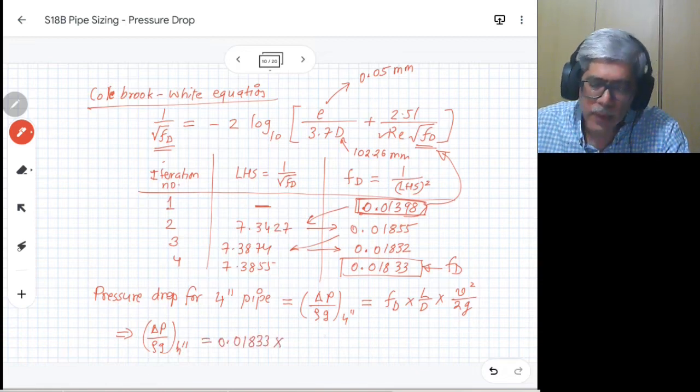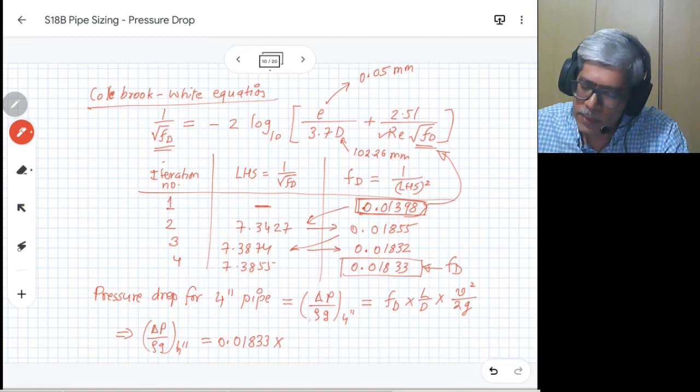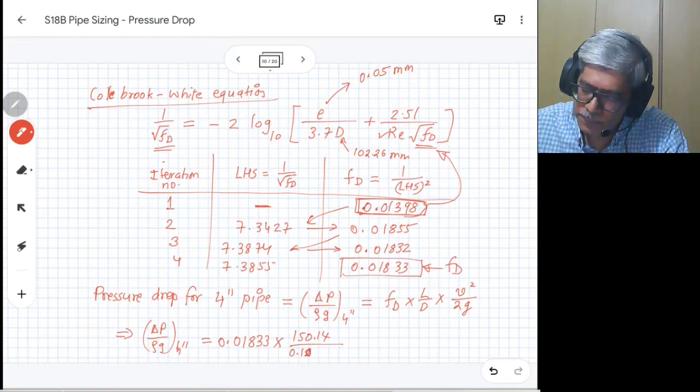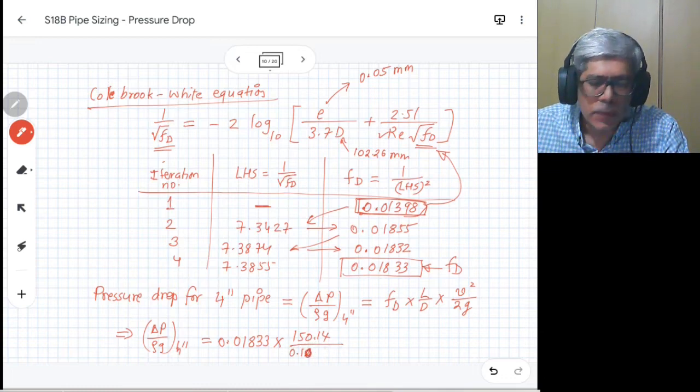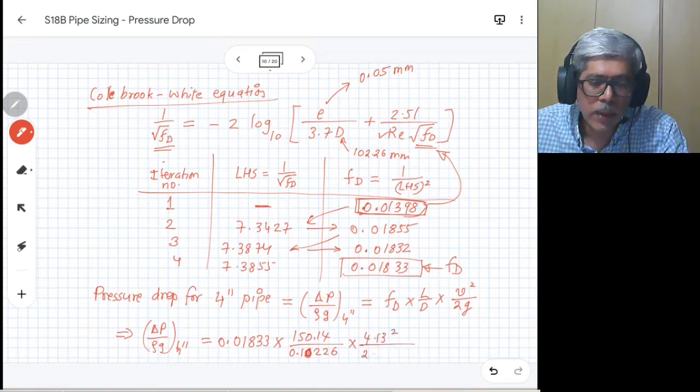So the pressure drop delta P by rho g for 4 inches would be given as 0.01833, that is the FD. The length of the pipeline is the equivalent length we calculated for the 4-inch pipeline, which is 150.14, divided by diameter 0.10226, multiplied by the velocity we have calculated, 4.13 the whole square, divided by 2 into 9.81.